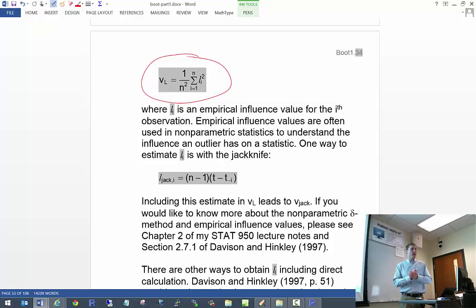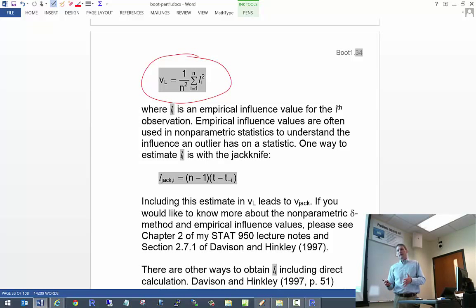I'm going to denote it V sub L, where the L means linear approximation. It's 1 over n squared times the sum i equals 1 to n of these almost script L's, squared, where you calculate one of those script L's for every observation in your data set. Those L's are what are called empirical influence values. For every observation, you can calculate one.